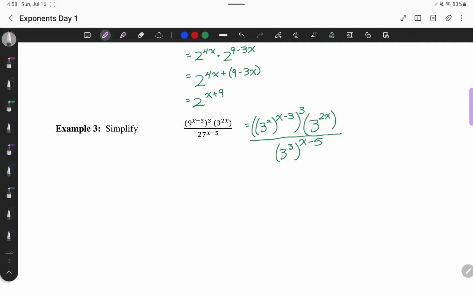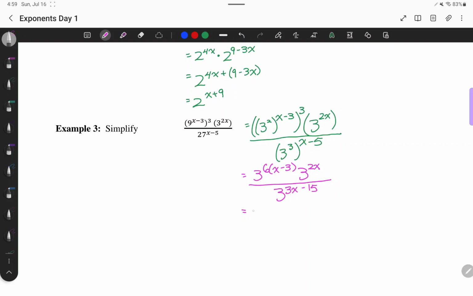The first part I probably want to deal with is that exponent to the power of an exponent to the power of another exponent, and just multiply those together. You can do that in one step or in multiple steps. I'm just going to do 2 times 3 and then multiply by the x minus 3. So that can be 3 to the power of 6 times x minus 3 times 3 to the power of 2x over 3 to the power of 3x minus 15.